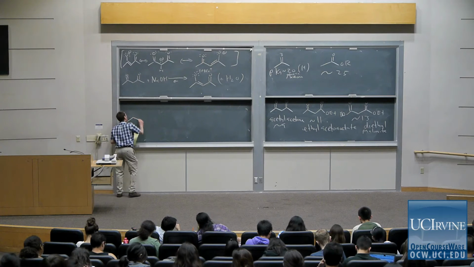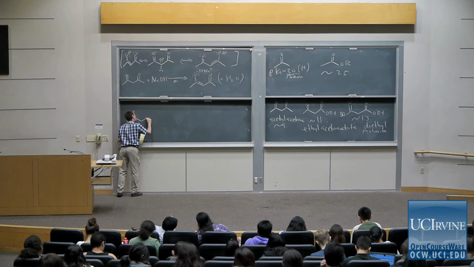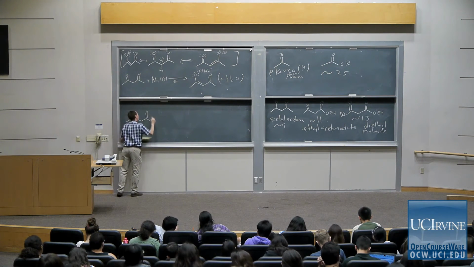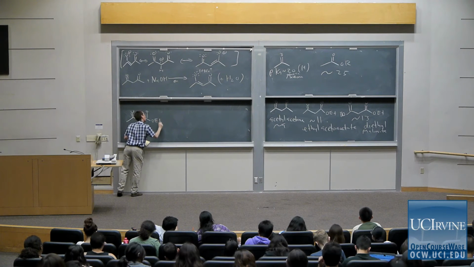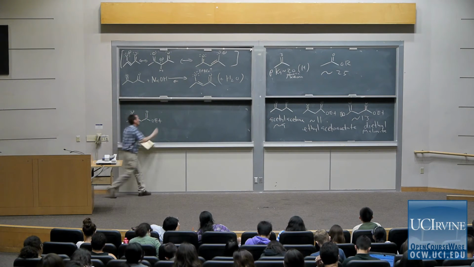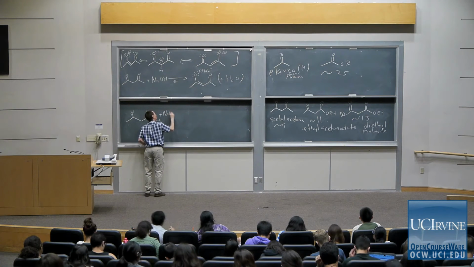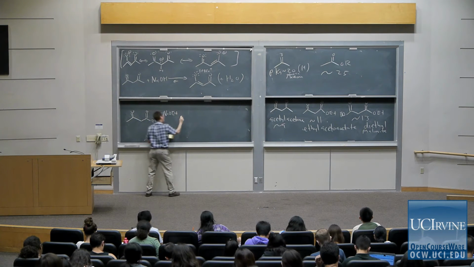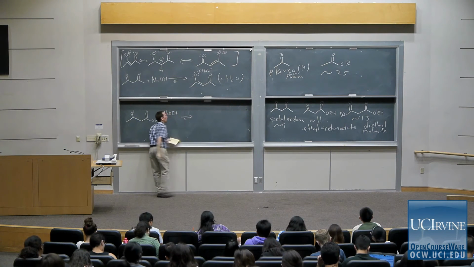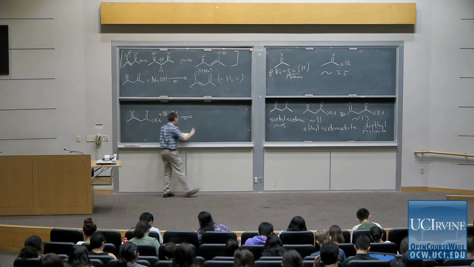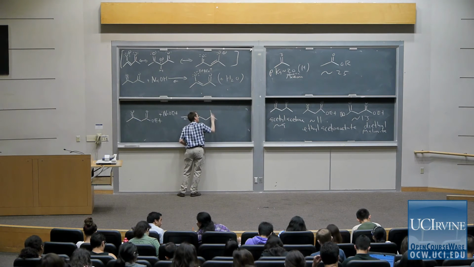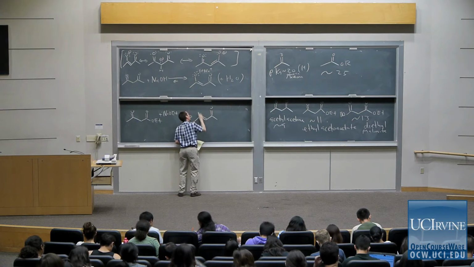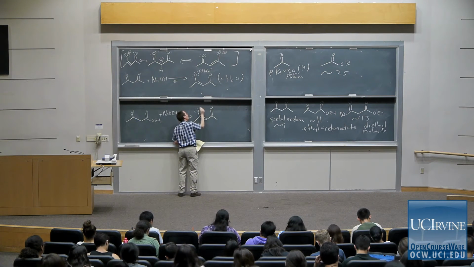If I take ethyl acetoacetate and I treat it with sodium ethoxide, again, I have an equilibrium that lies to the right for generation of the enolate. I'll write the structure where I've enolized the ketone.